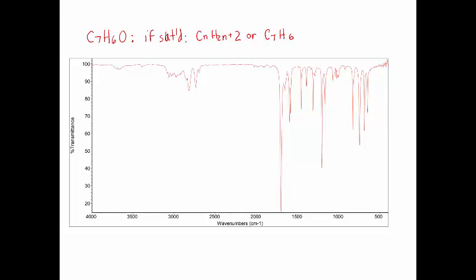Alright, it is not C7H16, it is C7H6. So what we do is we take our 16 minus 6, and we see that it is short by 10 hydrogens, so therefore we have 5 unsaturations. Alright, so we have 7 carbons and 5 unsaturations.